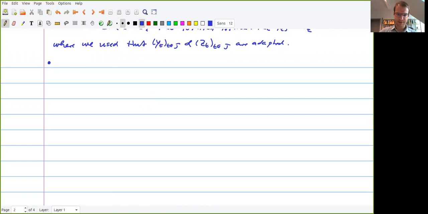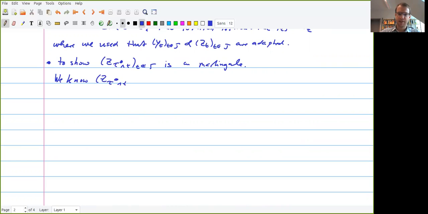So last, to show that the process stopped with respect to tau star is a martingale. What we already know, from the theory we developed last time, is that this here is a supermartingale.